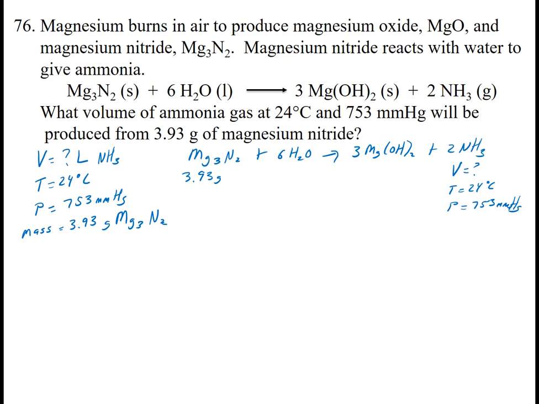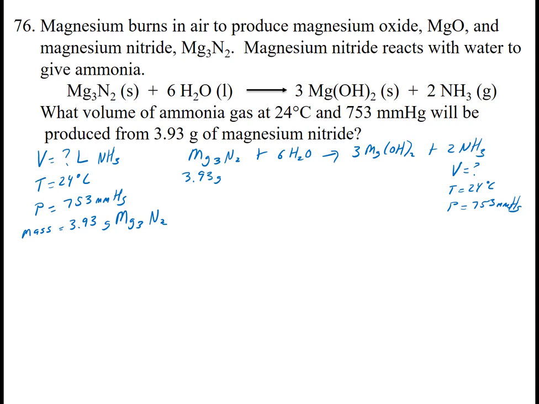The reason it helps to write it this way is I see very clearly that 2 different compounds are related. For the ideal gas law, PV equals nRT, I have to have either V or n, and I don't have either one of those. So my starting point is the magnesium nitride.